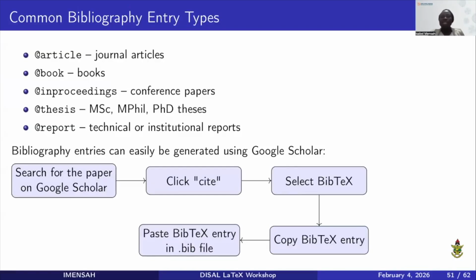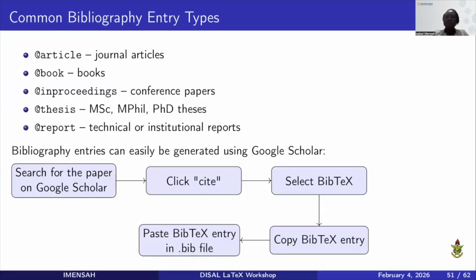We can cite an article, we can cite a book, we can cite an inproceedings from a conference, we can cite a thesis, we can cite a report. So based on what you are supposed to cite, you know exactly how to go about it. Because if it's a thesis, you have to specify it's a thesis because it has a structure LaTeX would generate for you.